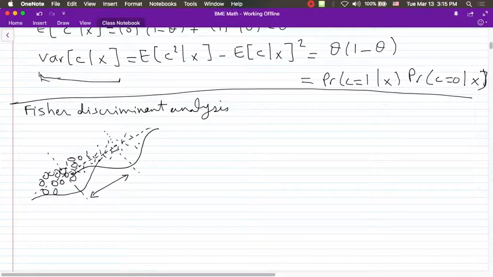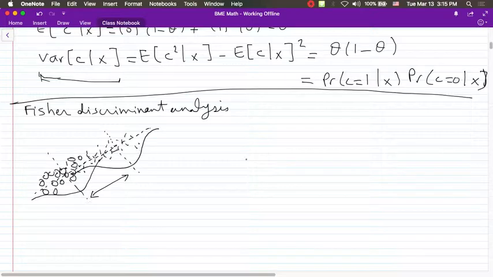So what Fisher discriminant analysis does is find a coordinate system that when you project your data onto it, and of course projection is just a dot product, right, you get the distributions as far apart as possible.